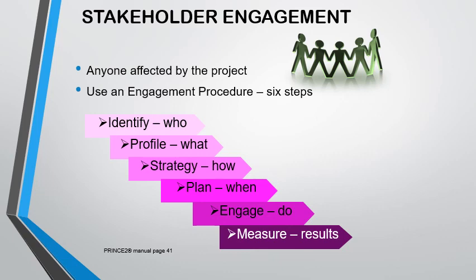And then of course, once this is done, when it's time to engage with them, we follow this plan according to the strategy, and the focus is to now check whether we have our expected results during engagement. So this is very important. Stakeholder engagement is important. A project always has stakeholders, so engagement with stakeholders is always going to be required.